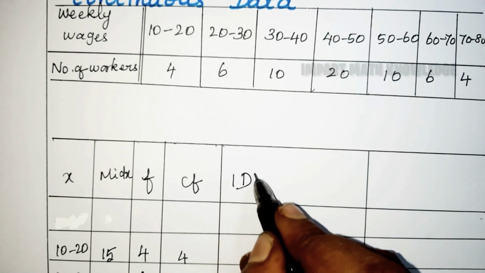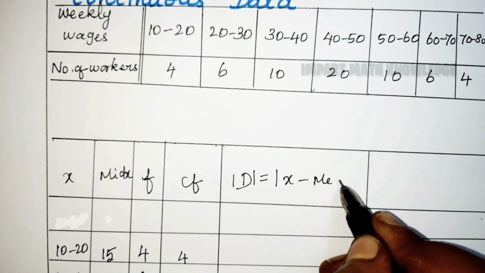Next we have to find mod D. Mod D is equal to x minus median.